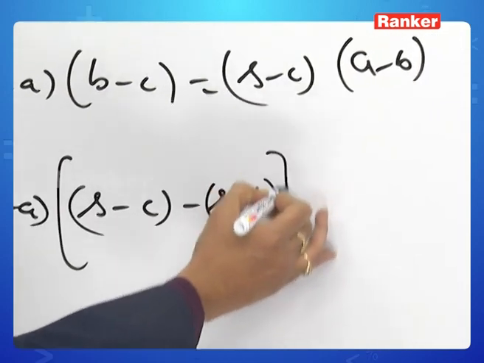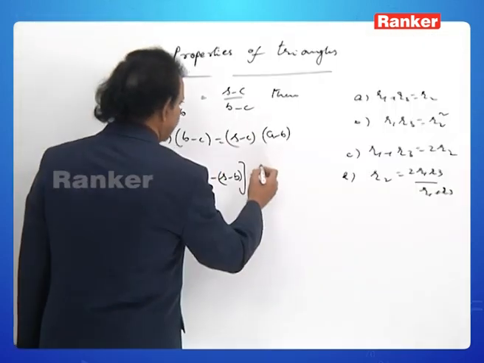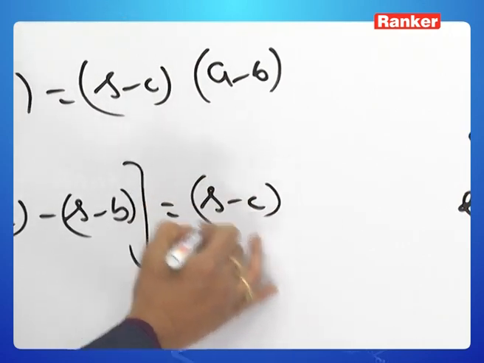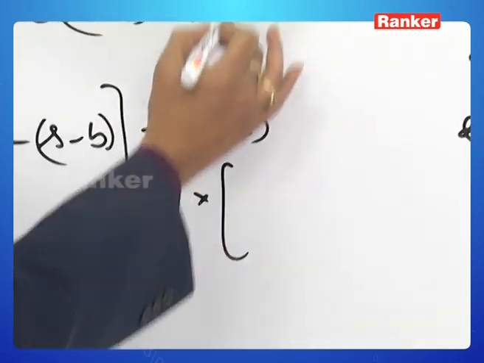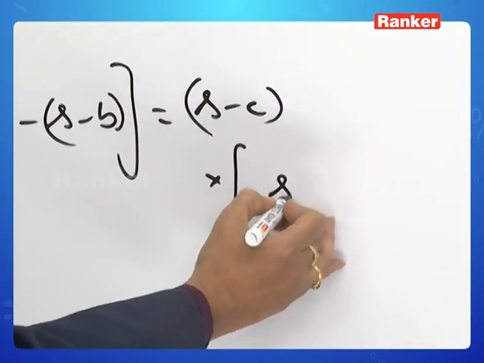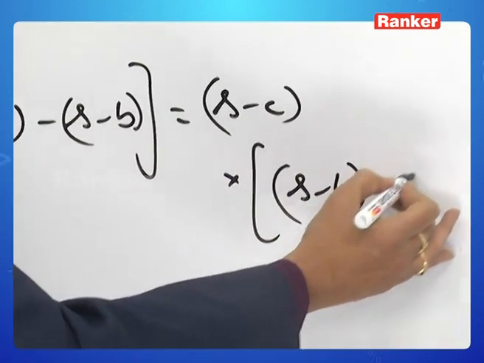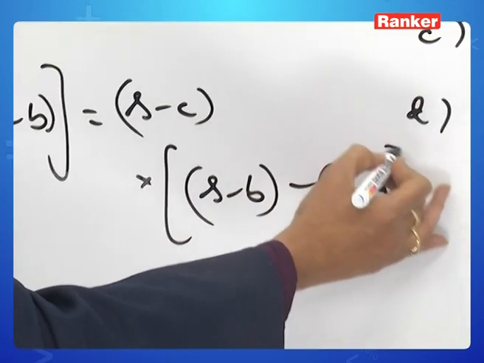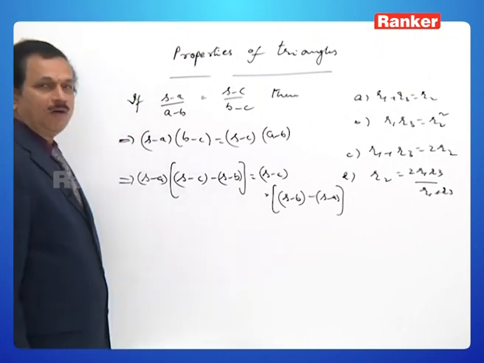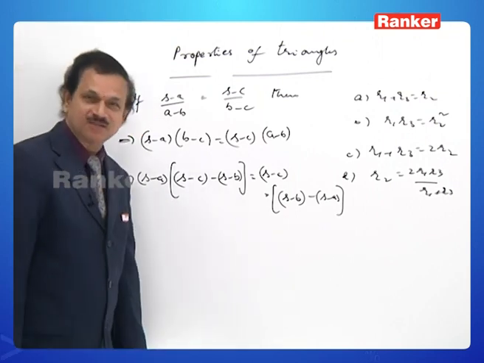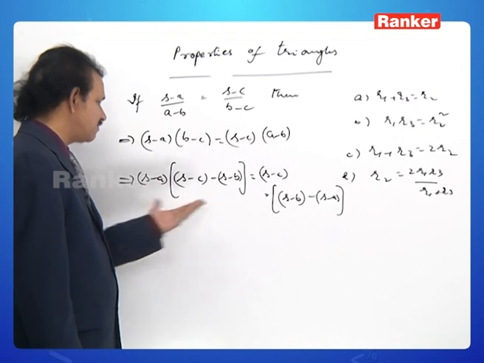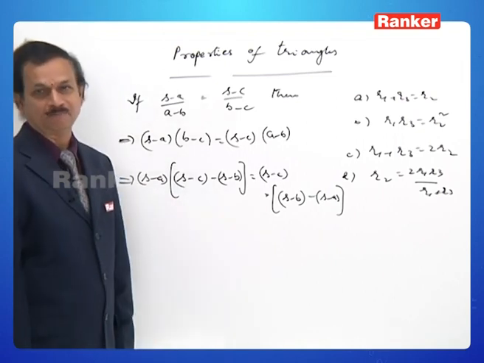Am I correct? Again, (s minus c) into this (a minus b) can be written as (s minus b) minus (s minus a). Okay friend, what is the reason for that? To get them converted in terms of s minus something.